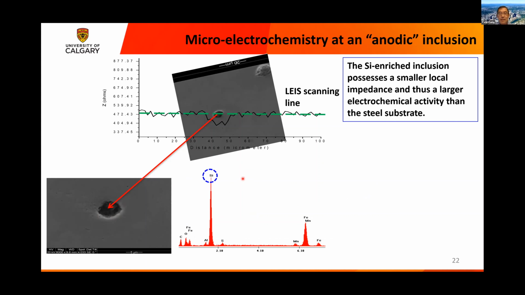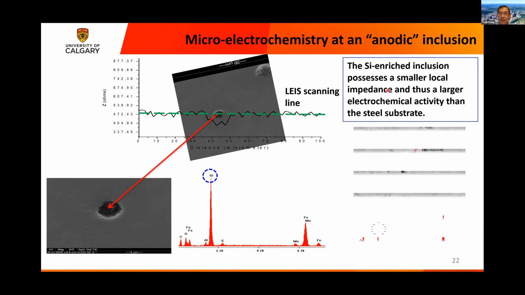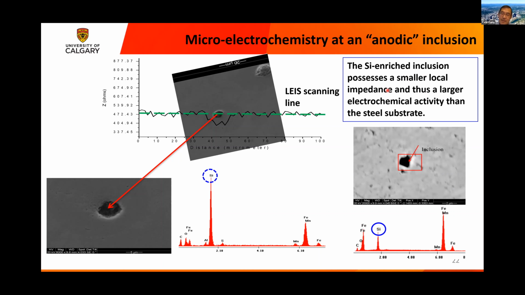So based on this principle, we can say the silicon enriched inclusion actually has a high electrochemical activity. So we can characterize this kind of inclusion as anodic in principle. So this gives you very direct evidence.